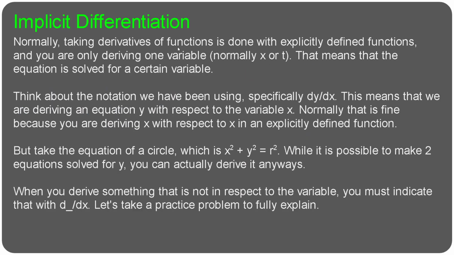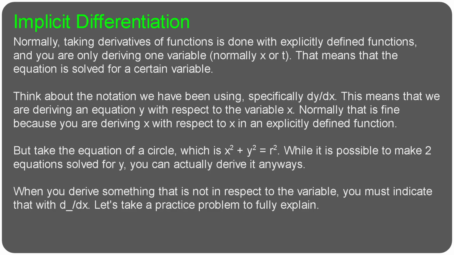Okay, here's implicit differentiation. If you remember way back at the beginning of the video, where I talked about d over dx and dy over dx. When taking derivatives of functions, it's normally done with explicitly defined functions. A quick reminder: that means the equation is solved for a certain variable.